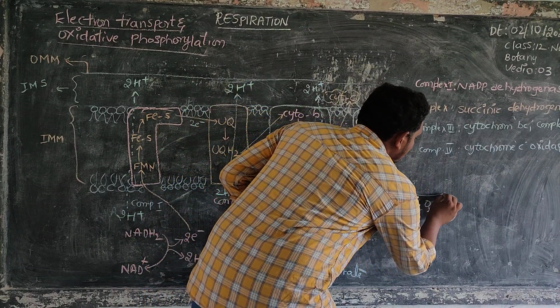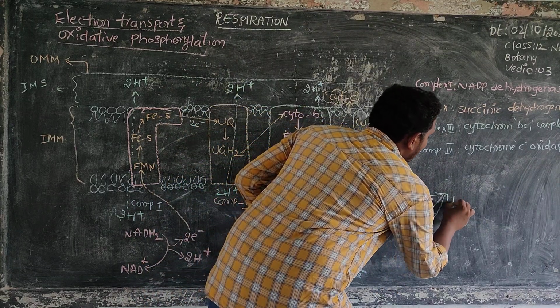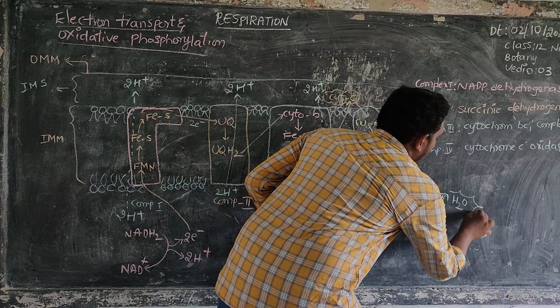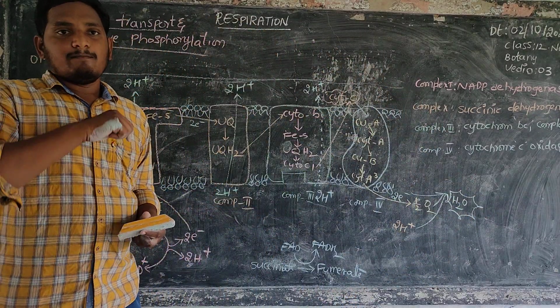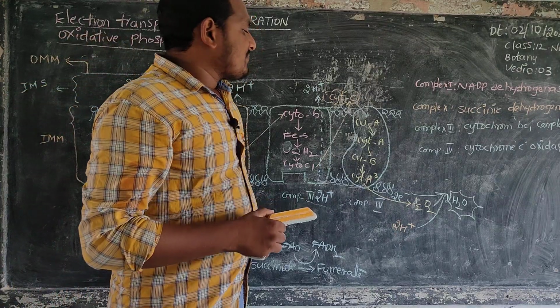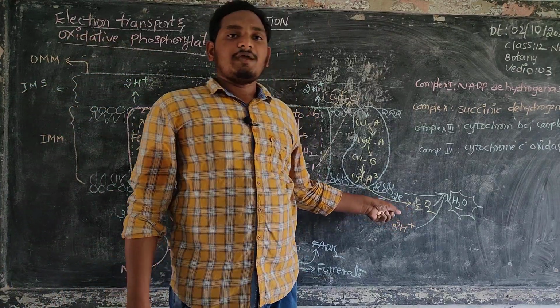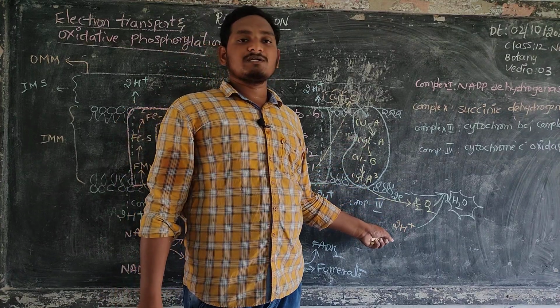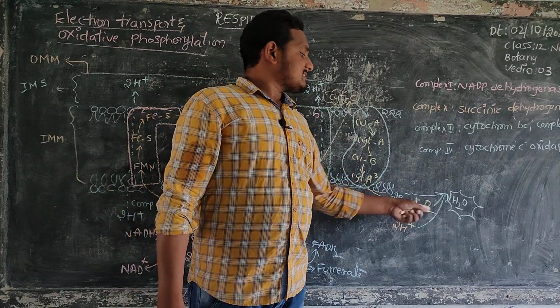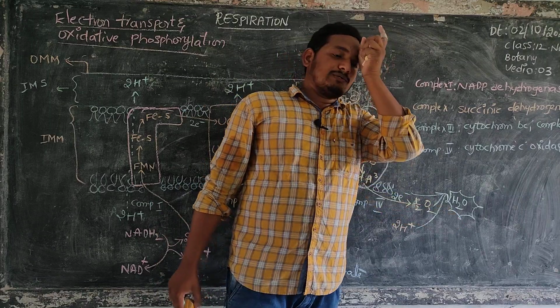These three things make up water. Water synthesis takes place in the matrix with the help of half a molecule of O2, which takes up a pair of electrons from the electron transport chain and a pair of protons from the matrix. These three things make up a water molecule.